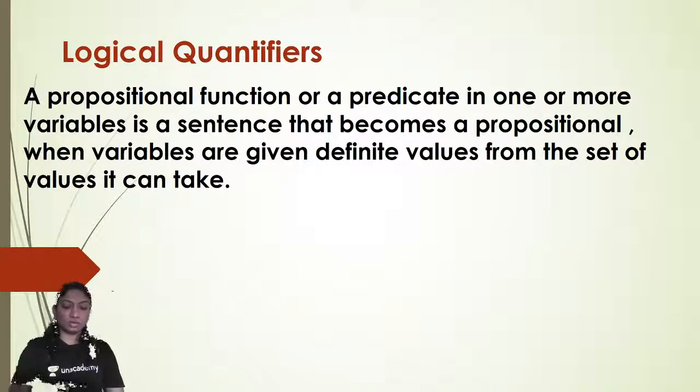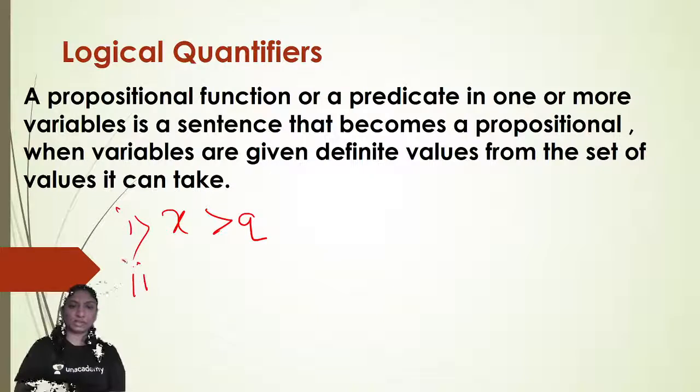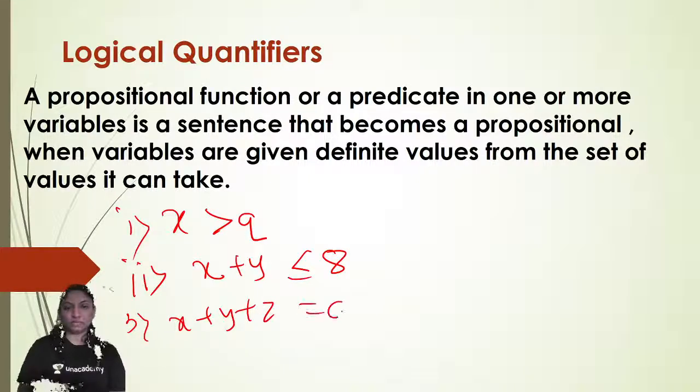Okay, so how to write down the statement with the help of logical quantifiers, that we will see. Now consider the given statements. Suppose x is greater than 9, first one. Second, x plus y is less than or equal to 8, or suppose x plus y plus z is equal to 9.